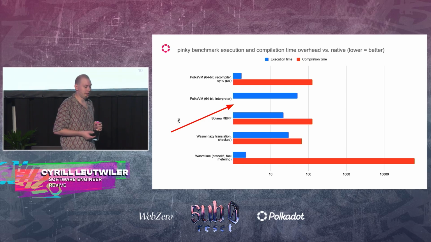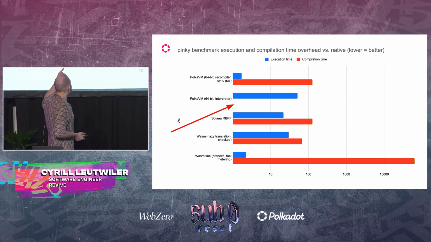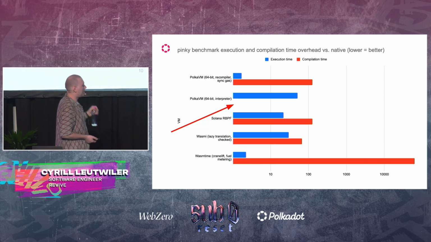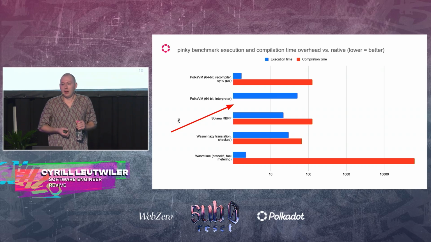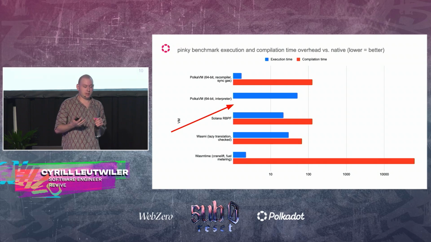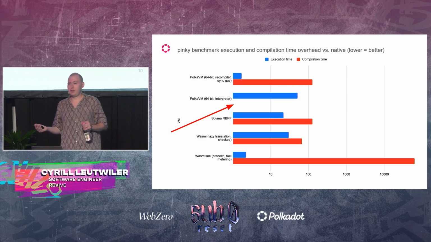So what we can see here is we have the recompiler and the interpreter backend. One provides very fast execution time, and one provides very fast compilation time. This means we are quite flexible, so we will have both backends available on chain. Roughly, this translates to: if your contract does little work, you probably want to use the interpreter because you get instant execution.